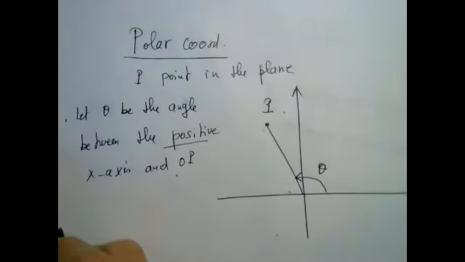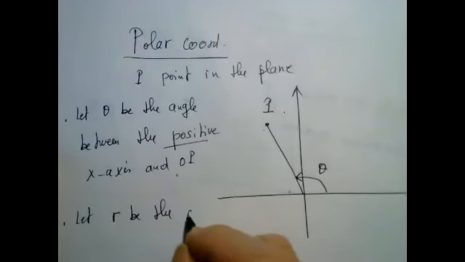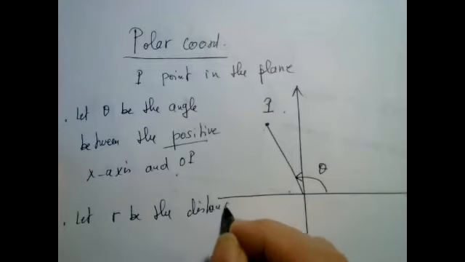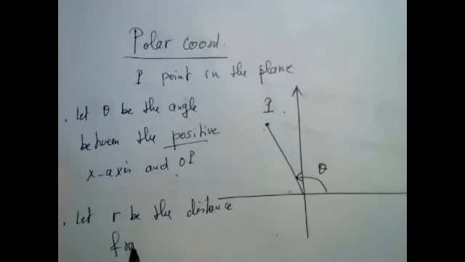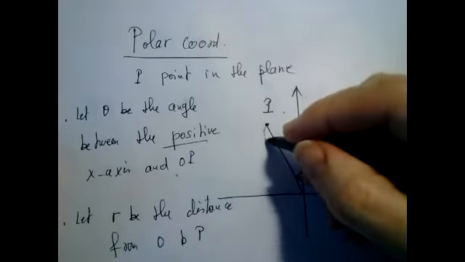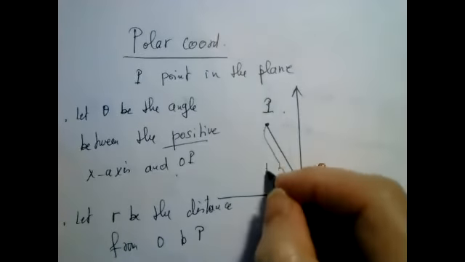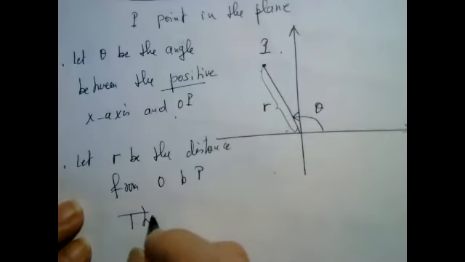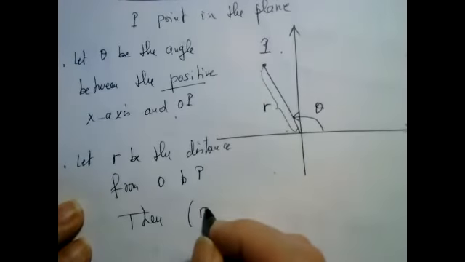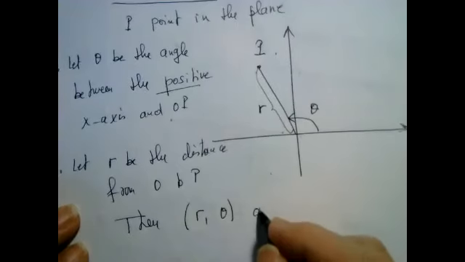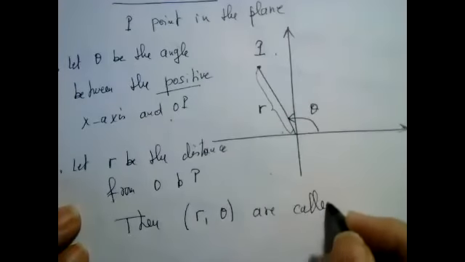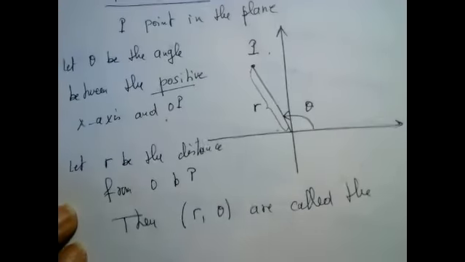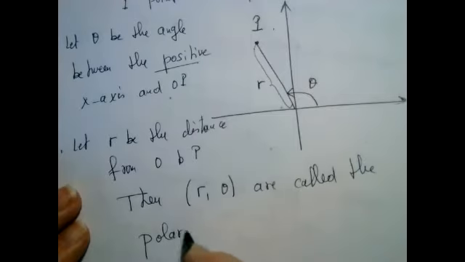And let r be the distance from the origin to the point P. So this is r. Then r and theta are called the polar coordinates of the point P.